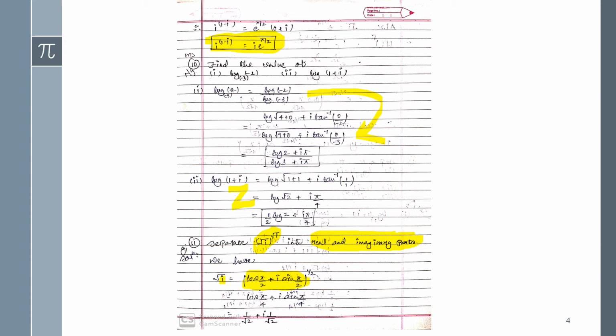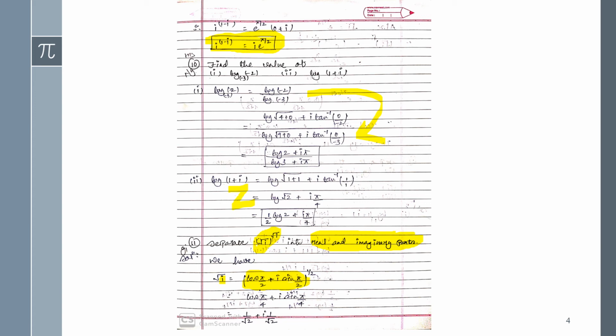Okay, so by applying this we can write this one term as e^(i pi by 2), and from here I removed the root and wrote it in fraction form, that is 1/2. Now next, by using De Moivre's theorem, you can write cos pi by 4 plus i sin pi by 4.